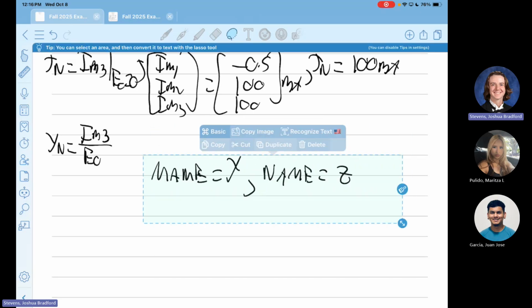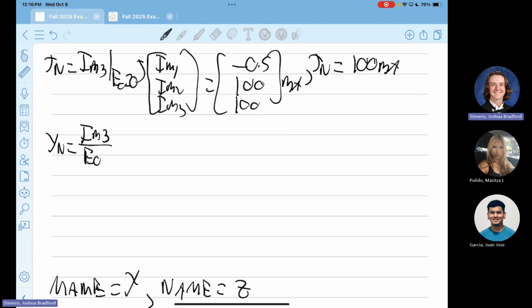I'm actually going to move it down a little bit. So for our Norton's equivalent admittance, we use our mesh current 3 divided by our E naught when E_G of S is 0. What value did we use for E naught? Exactly, that's literally just M3.